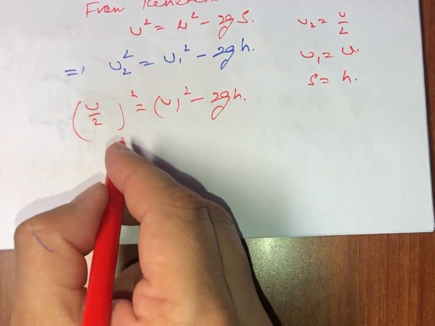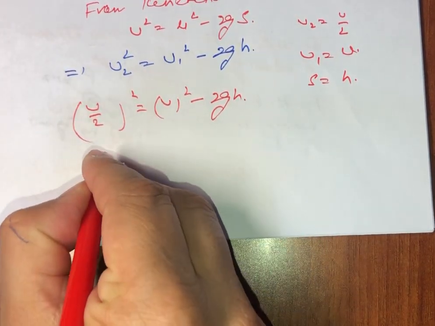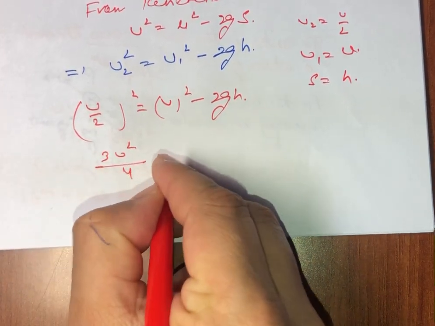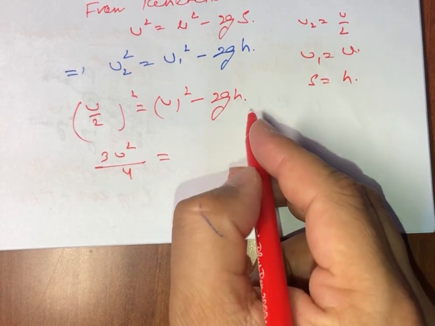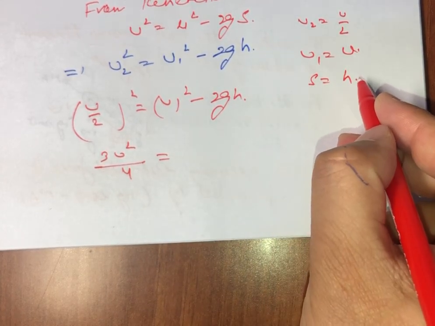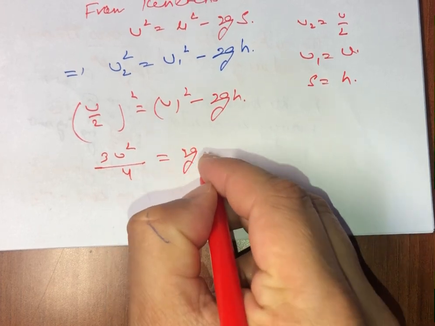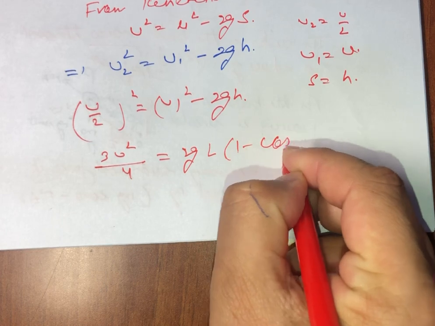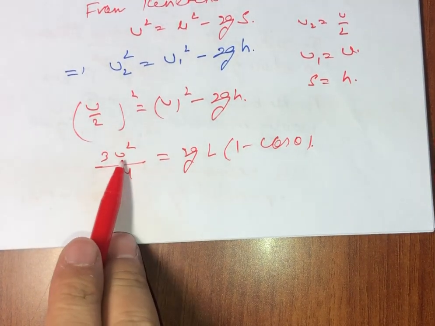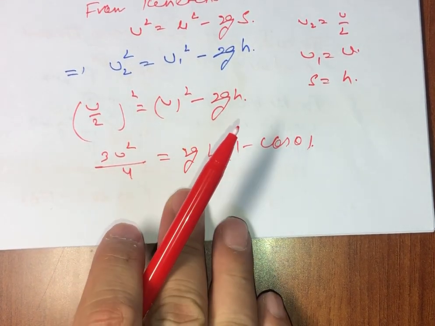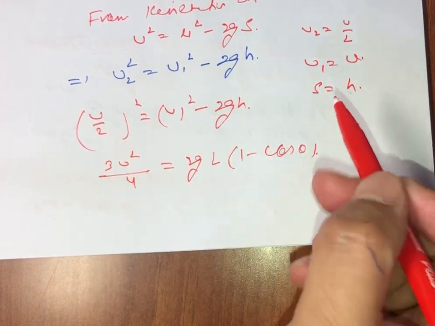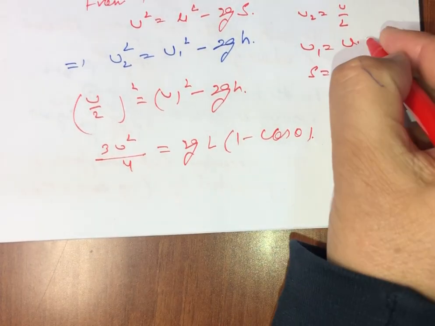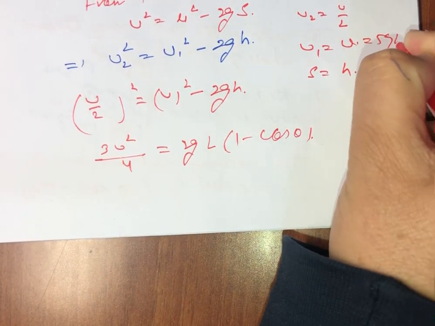If we solve it, we get 3v square divided by 4 is equal to 2gh, and h is L times (1 minus cos theta), and we already know v square, the velocity at point A, is 5gL.